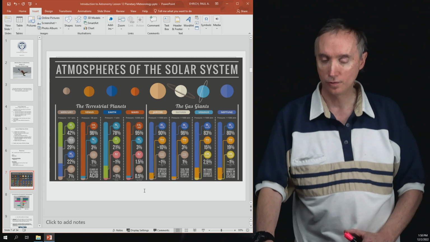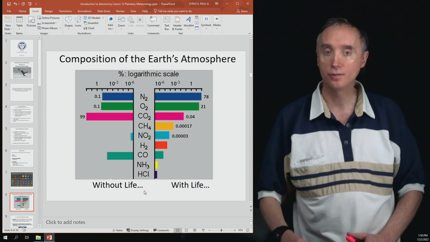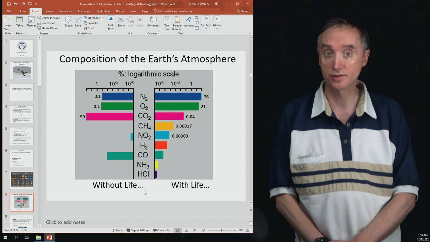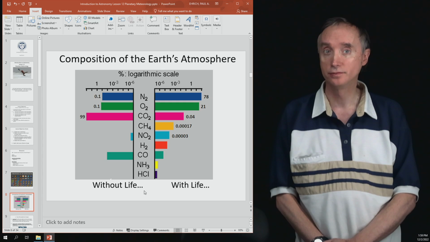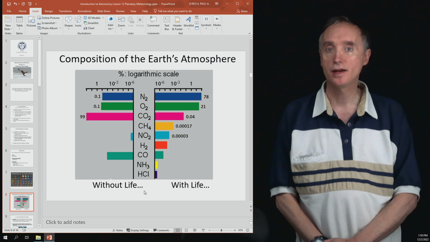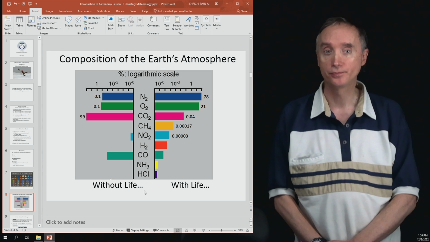So what is the current composition of Earth's atmosphere, and then what would it be if there was no photosynthesis going on? So hopefully you knew that photosynthesis is what makes oxygen, so that plants and bacteria that photosynthesize, they take carbon dioxide, absorb it, turn it into sugars, and then as a waste product, they emit oxygen.